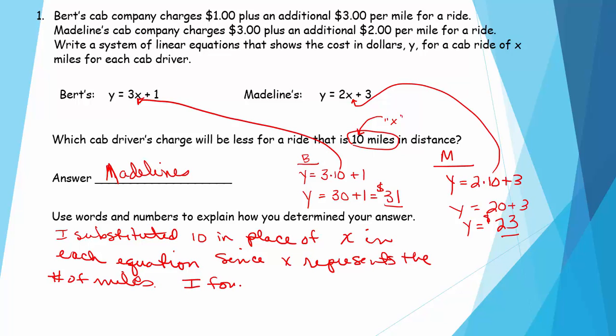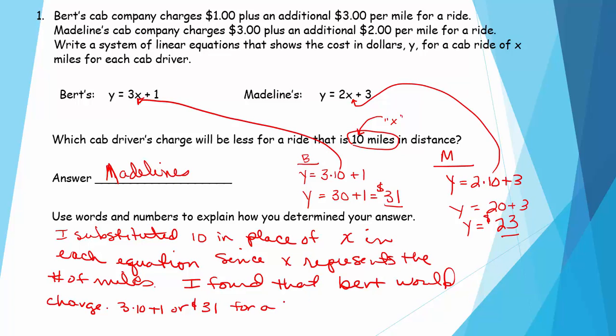I found that Bert would charge 3 times 10 plus 1, or $31 for a 10-mile ride.